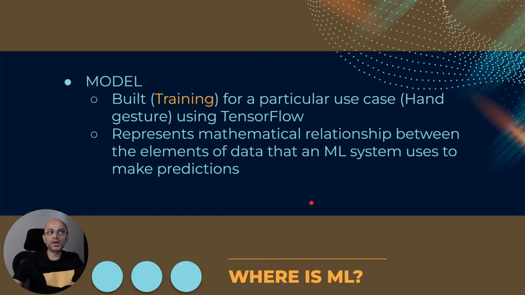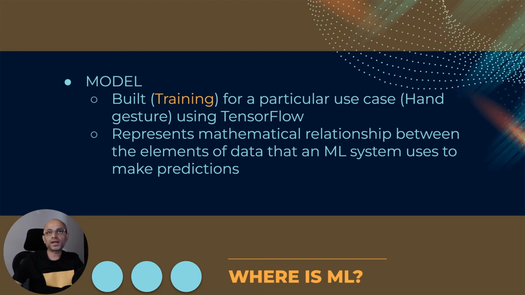And when we say we build a model, that is known as the training phase of ML. And we train a model for a particular use case, in this case hand gesture, using TensorFlow. And a model represents the mathematical relationship between the elements of the data that an ML system uses to make predictions.